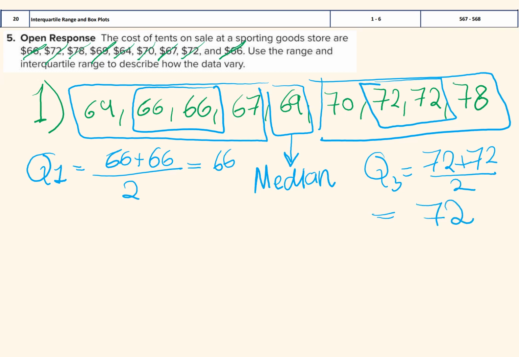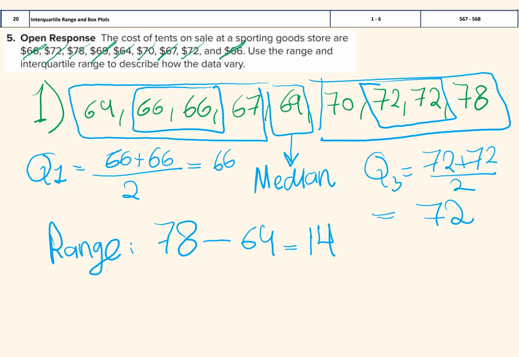Now, let's find the range. The range is to subtract the minimum from the maximum. So always maximum minus minimum, the greatest value, which is 78, minus the smallest value, which is 64. So 78 minus 64, which is 14. So this is the range.